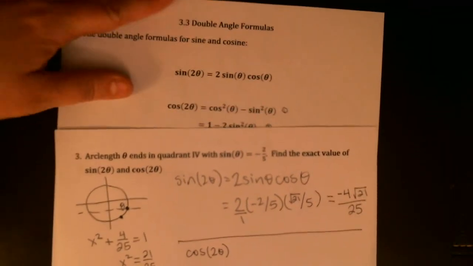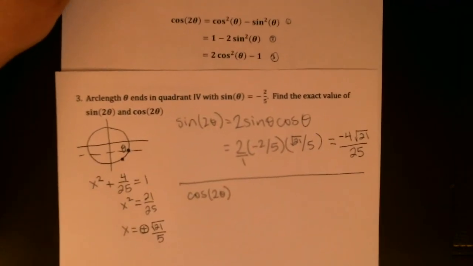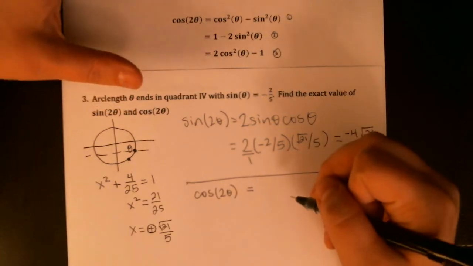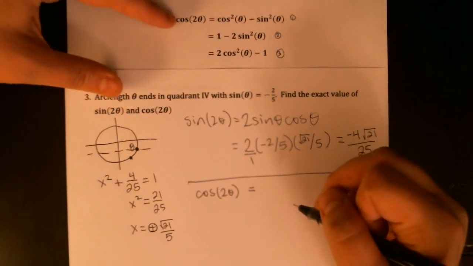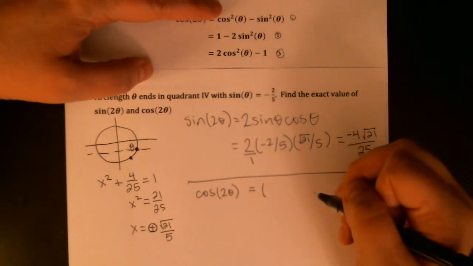So if you look at the cosine formulas and you're trying to take your pick of those, it doesn't really matter. So let's go ahead and use the first one just to play around with different versions of the formula. The first one says cosine of 2 theta is the same as cosine squared theta minus sine squared theta.